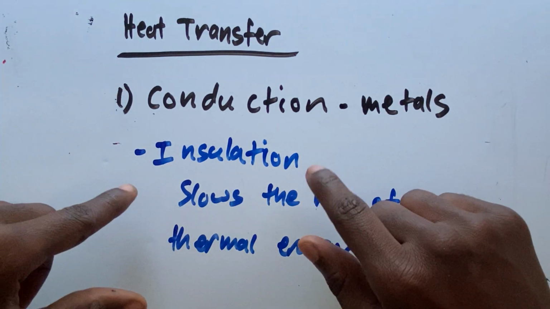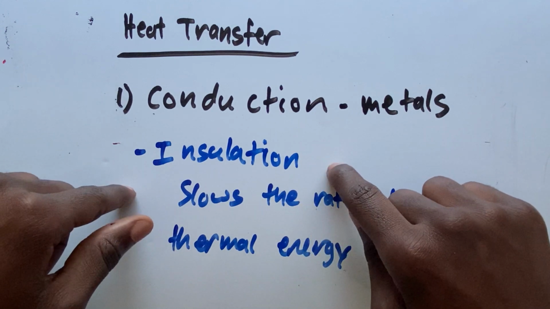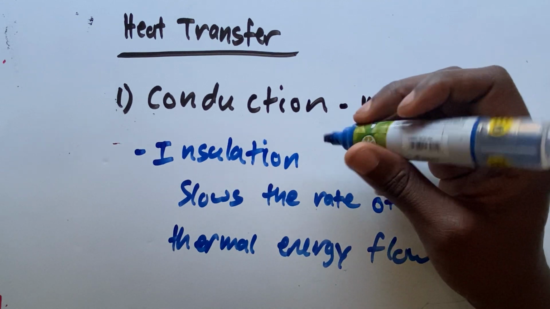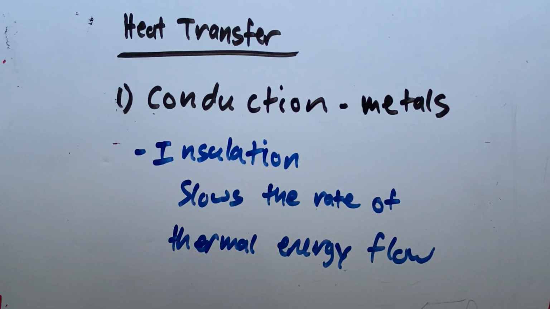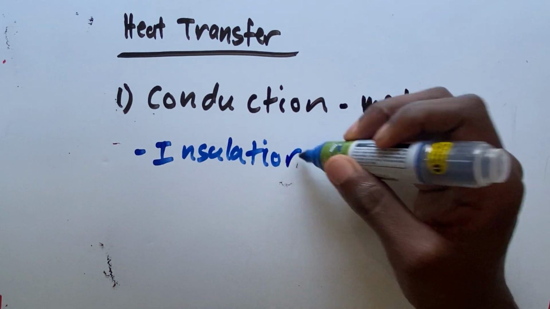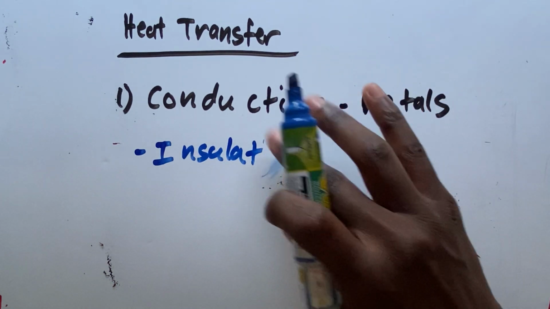Versus an insulator, things that are insulators would be like wood, paper, coal. Insulators, that's not how you spell insulator.